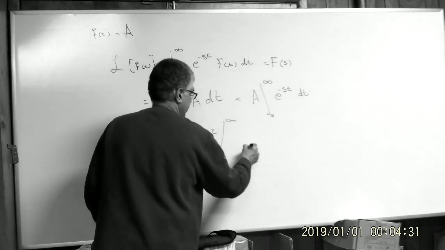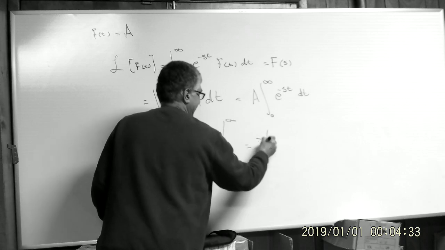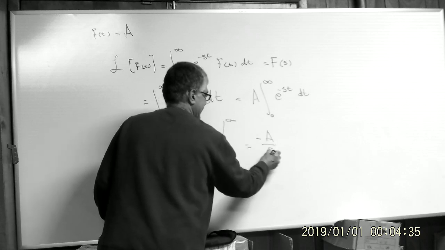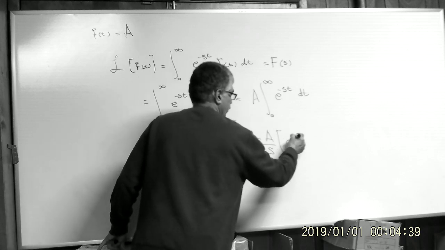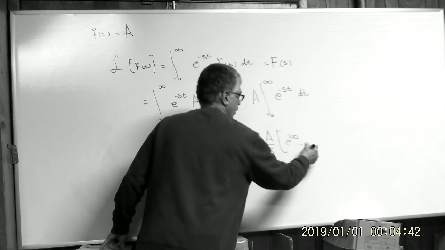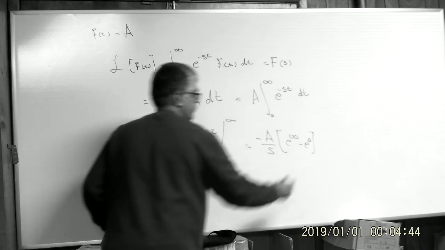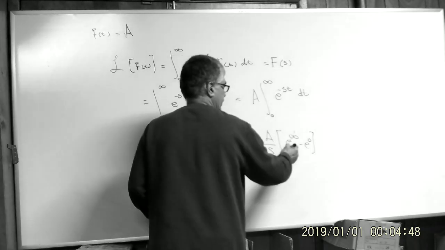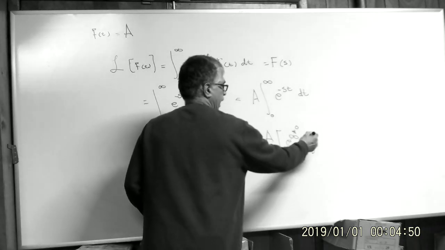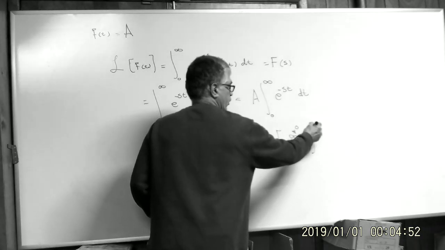So this will be equal to minus a divided by s multiplied by e to power infinity minus e to power 0. We know that e to power infinity is equal to 0, and e to power 0 is equal to 1.